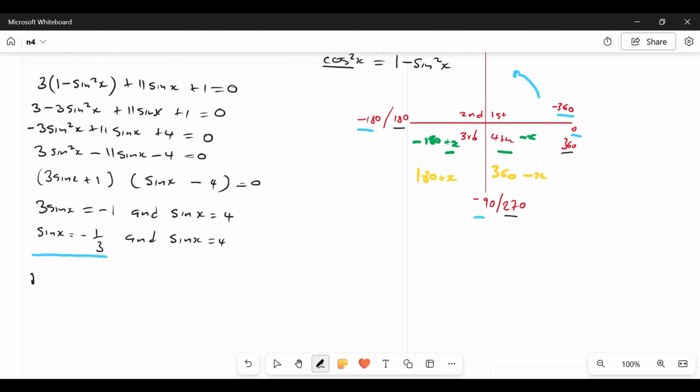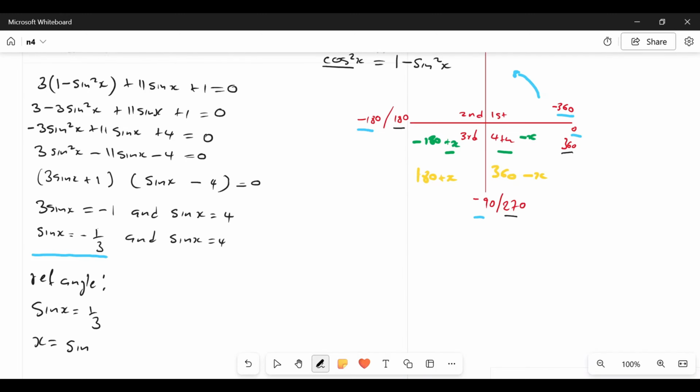When you find the reference angle, you're going to remove this negative there and write it as if there is no negative there. So you're going to write sine x equal to 1 over 3. There we go. And then we find our x. Remember, when we find our x, we transpose this sine to the right-hand side, and it becomes arc sine 1 over 3.